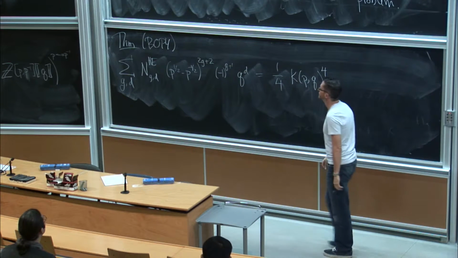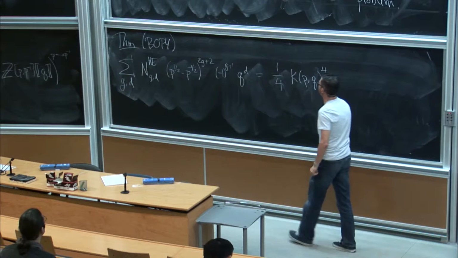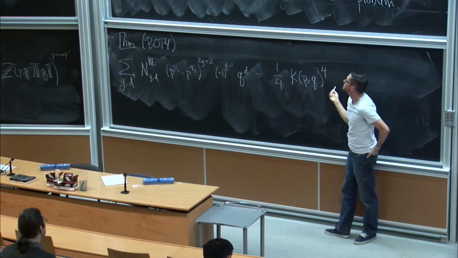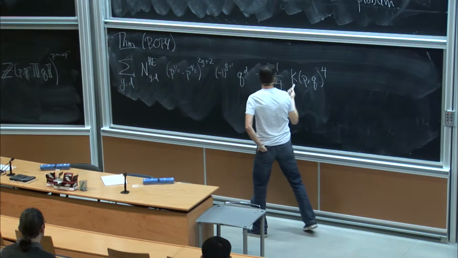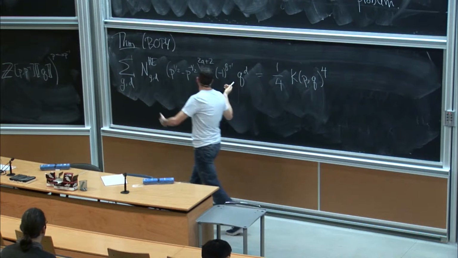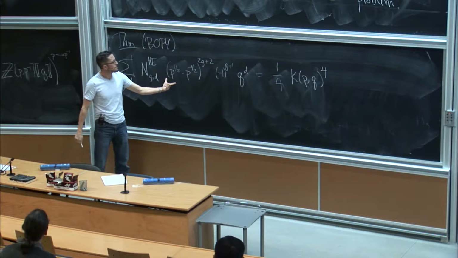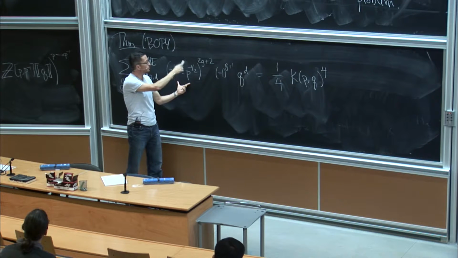Okay, here's the answer. So there's this k, I raise it to an even power. This is now a formal power series in q whose coefficients are palindromic Laurent polynomials in p.